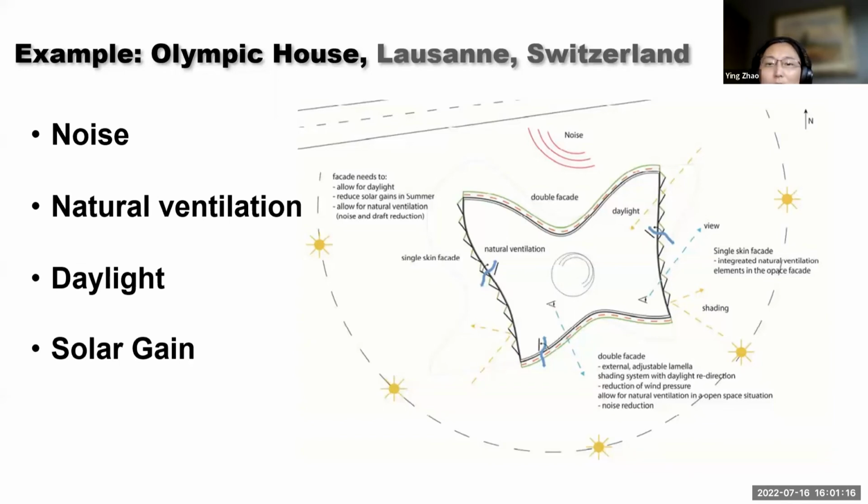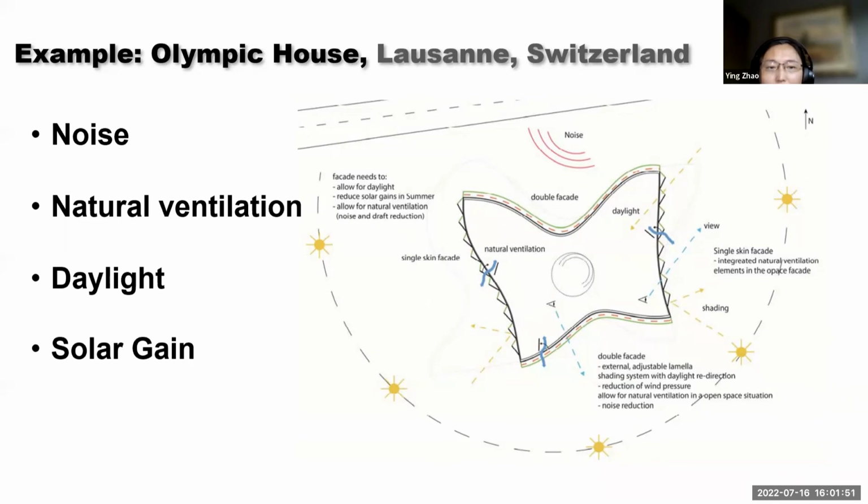For the east-west facade, they think it is probably better to just use a single skin envelope with natural ventilation elements, because for the wind rose, you see that the prevailing wind goes in this direction, so they will take more advantage of natural ventilation here.